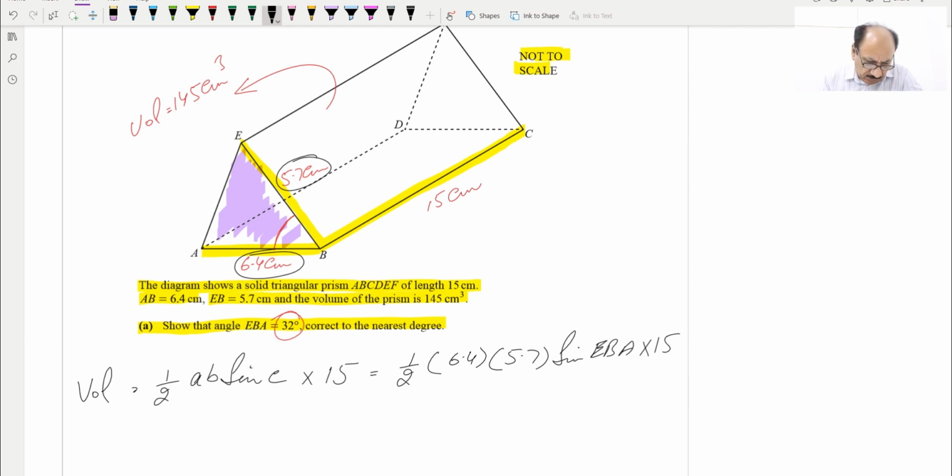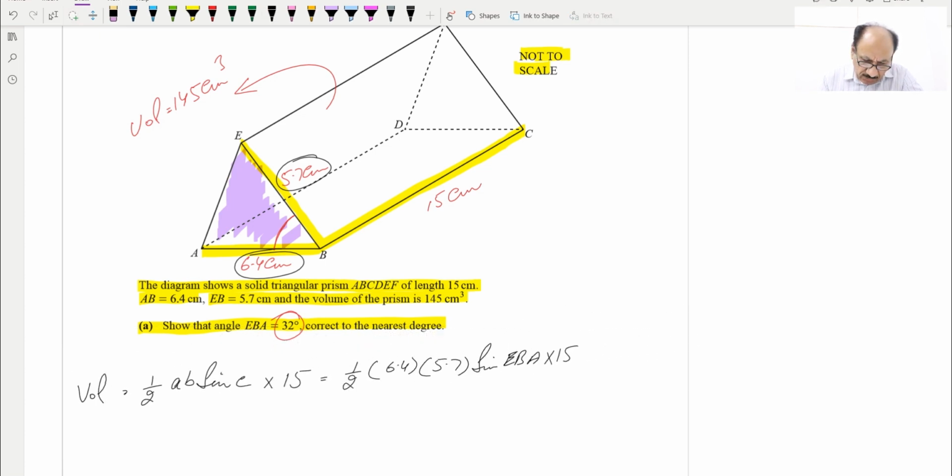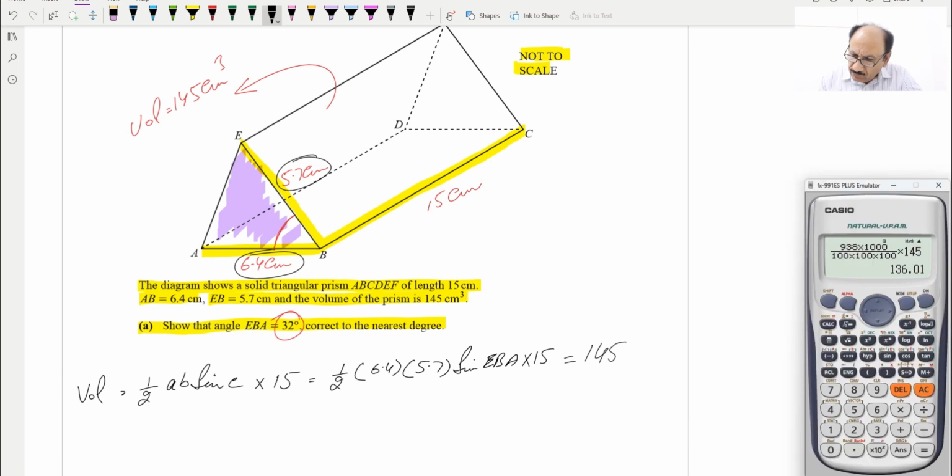Now we know that this volume is equal to 145 centimeter cube. Now we will solve with the help of calculator. This calculation we will solve with the calculator, and this will be 0.5 into 6.4 into 5.7 multiplied by 15 is equal to 273.6.